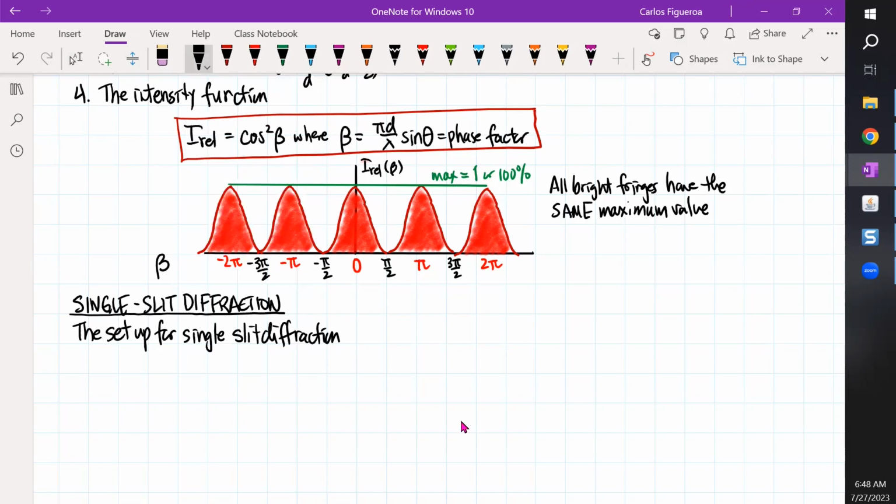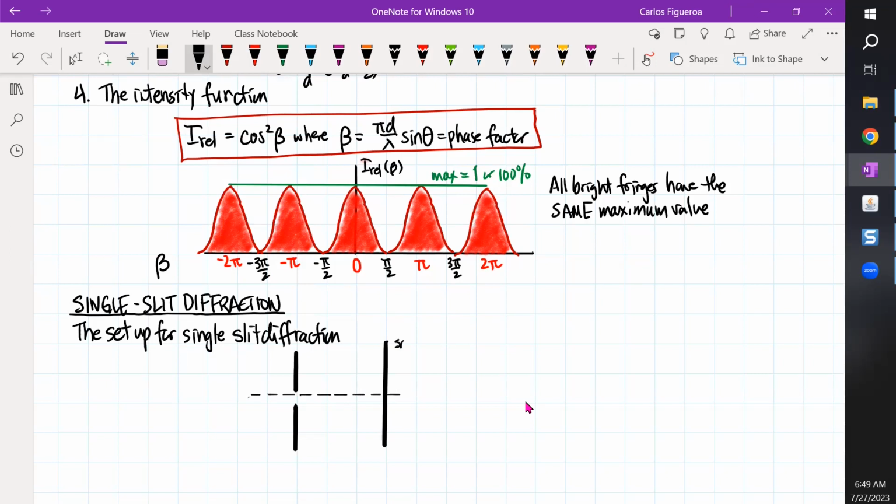I'm going to have a tiny opening, and then a screen at some distance, capital D. There is this central line that we typically identify, just like we did with interference.